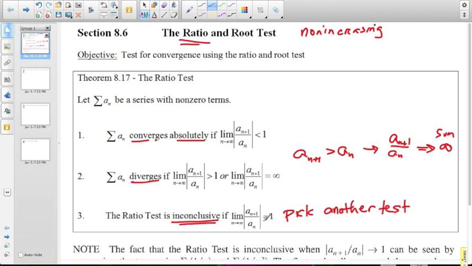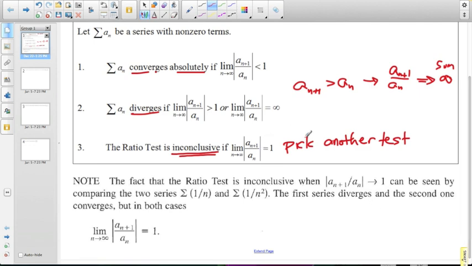This is saying that we don't see any fluctuation in the value in either direction. So have we reached a sum or haven't we? We just don't know. So we need to pick another test. So that's how the ratio test works.